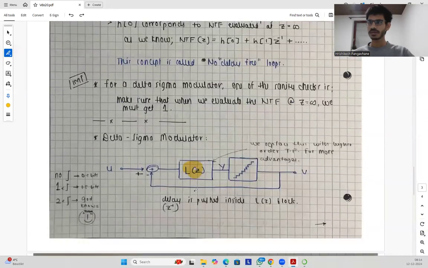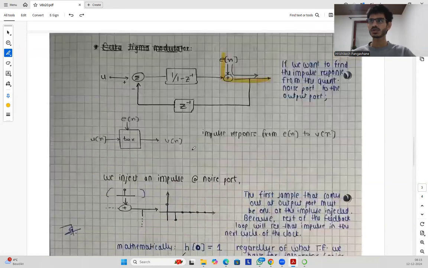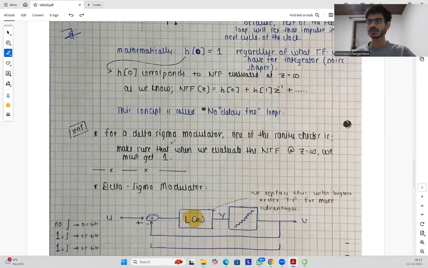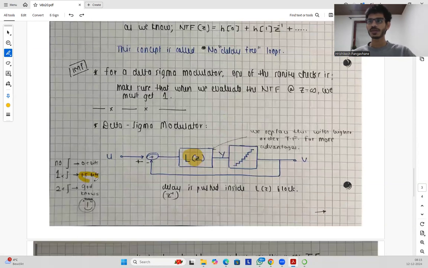If you remember, when we had no integrator, then for every doubling of OSR, we got an increment in resolution of 0.5 bits. But when we introduced one integrator, for the first order, we got 1.5 bits of resolution for every doubling of OSR.